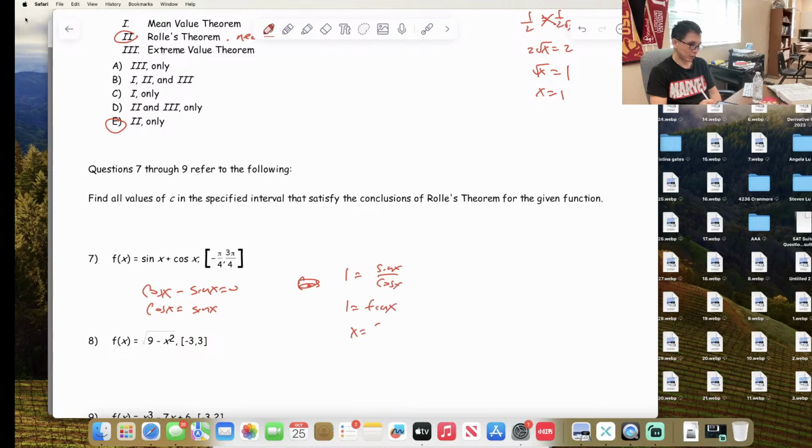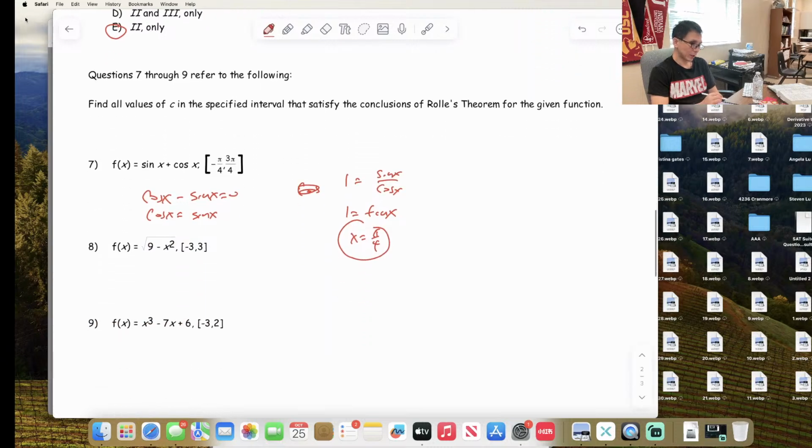And that's x equal to pi over 4. You take a derivative of this, so it's 1/2 (9 minus x squared) to the negative 1/2 times negative 2x. The only thing that can equal 0 here is 2x, so x equal to 0. Because this happens at an endpoint, the denominator is not defined.